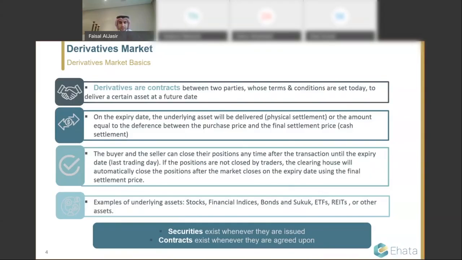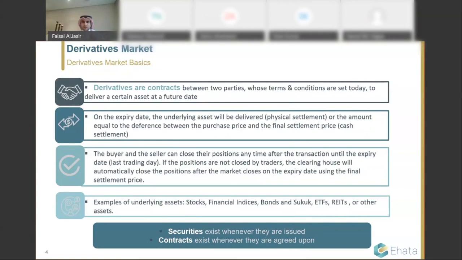So we start by defining a derivative. A derivative is a financial security with a value that is reliant upon or derived from an underlying asset or group of assets. So again, it is a contract between two parties. Terms and conditions are set today to deliver a certain asset at a future date.